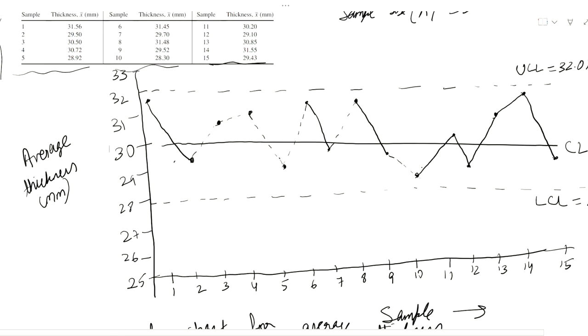So we drew the samples on the x-axis and thickness on the y-axis. We found the range, then the upper control limit, lower control limit and center line.